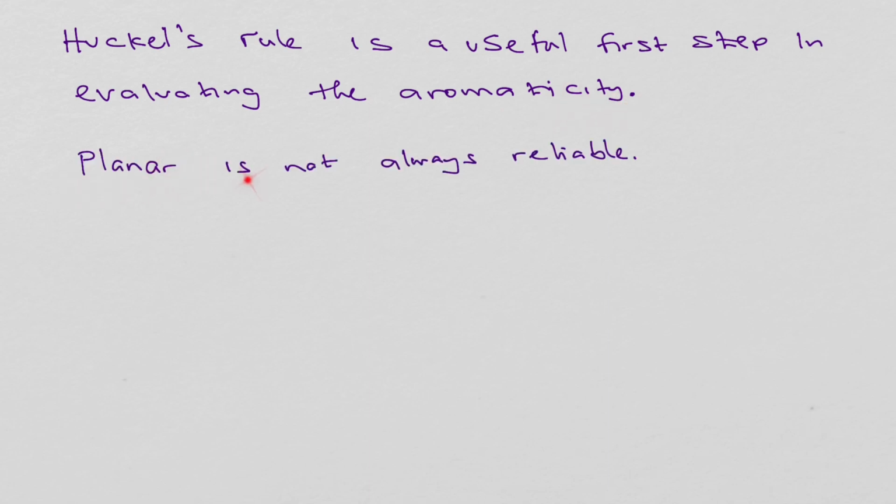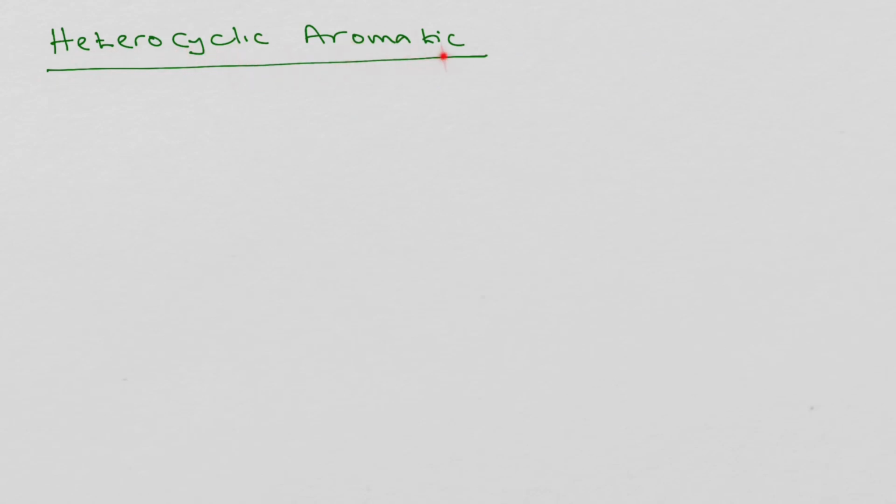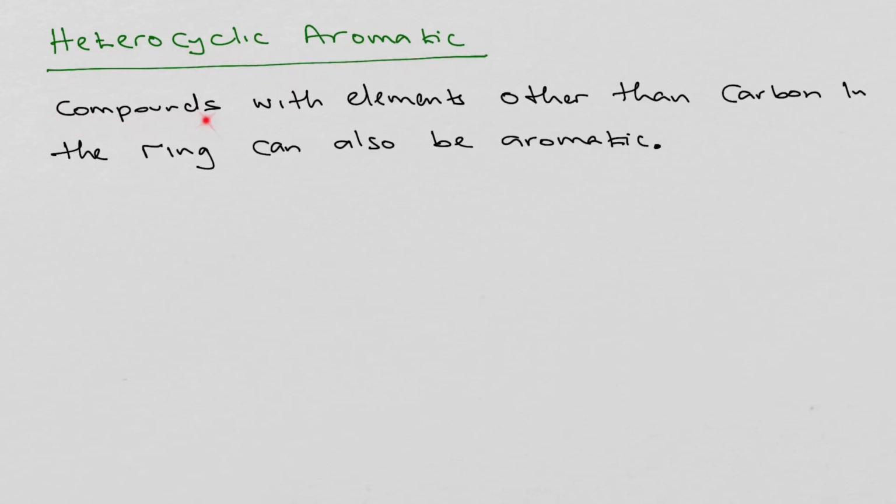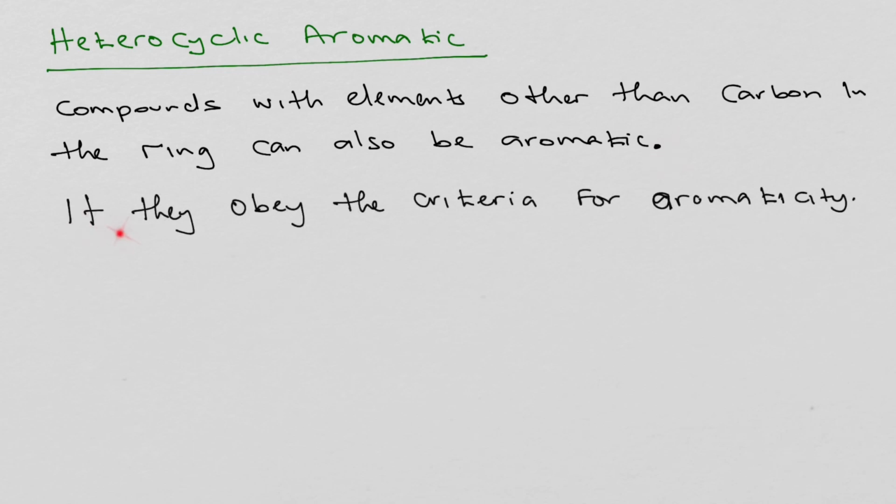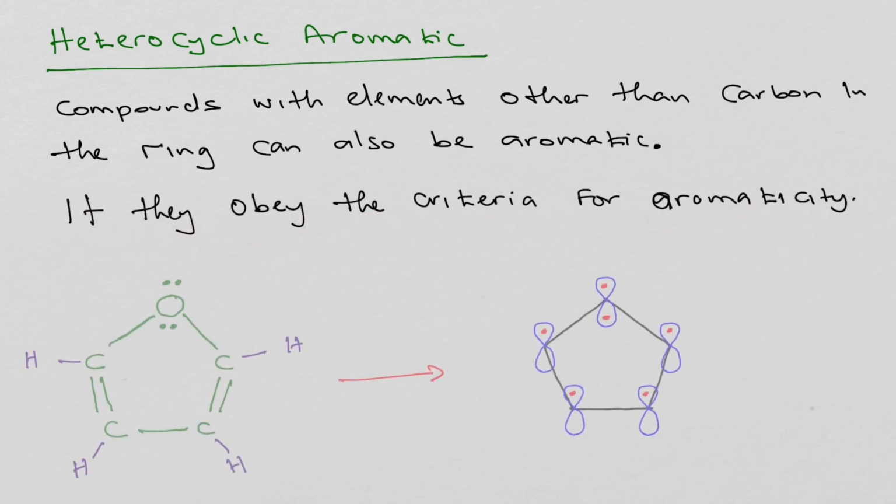Planar compound is not always reliable. Heterocyclic aromatic compounds: compounds with elements other than carbon in the ring can also be aromatic if they obey the criteria for aromaticity. Here's an example of a heterocyclic.